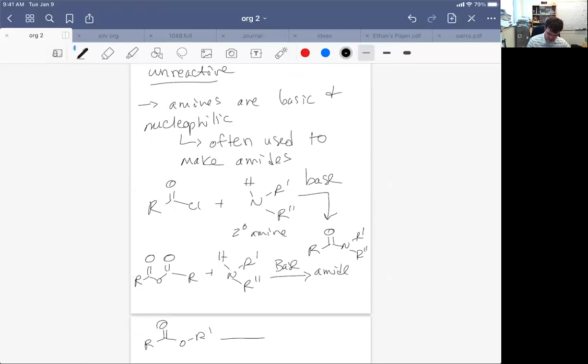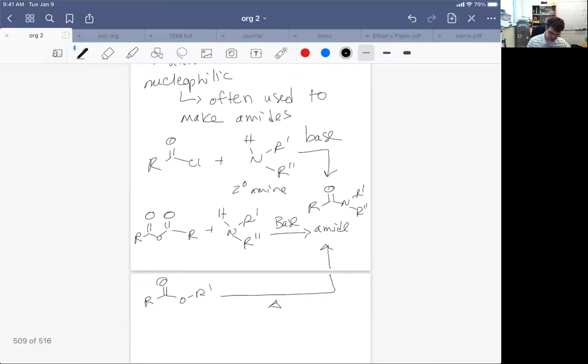The difference with the ester conditions is we had to apply some heat for the reaction to occur, and I should add a plus secondary amine here. So all of these react with some secondary amine to give rise to the amide. Oh goodness, my tick marks are off. I have to do this, don't I? Okay. So these are reactions we've looked at for synthesizing amides.